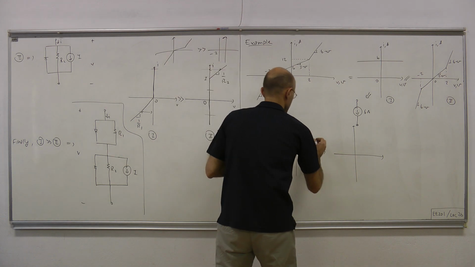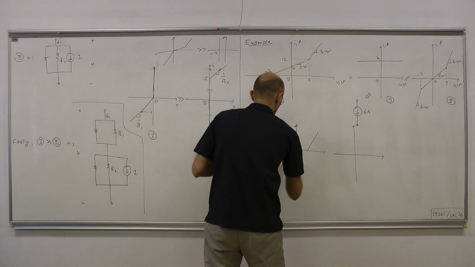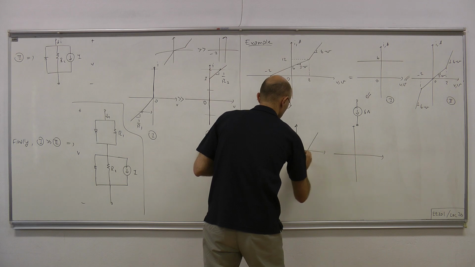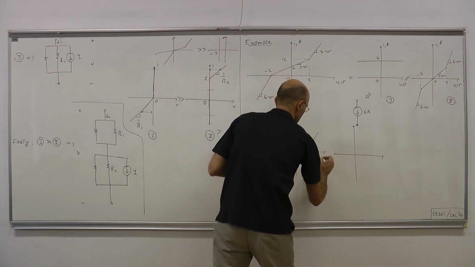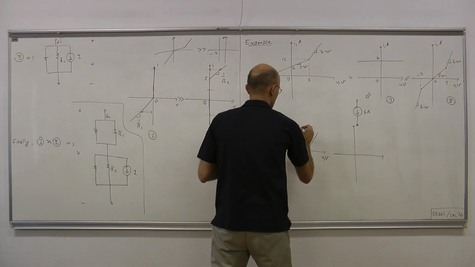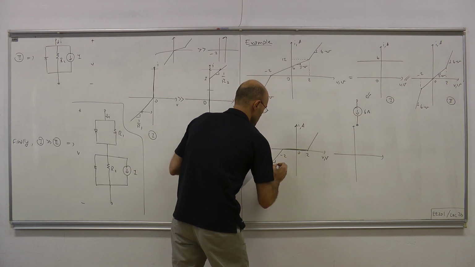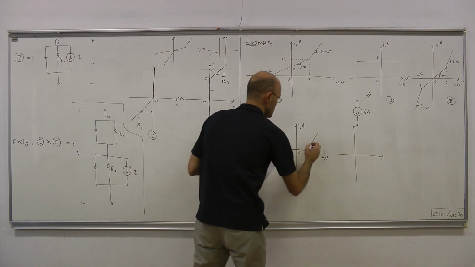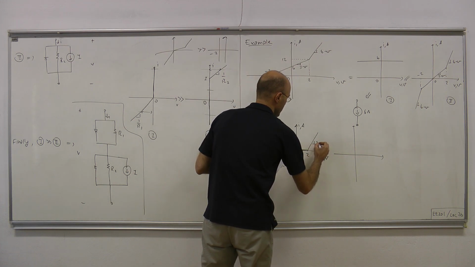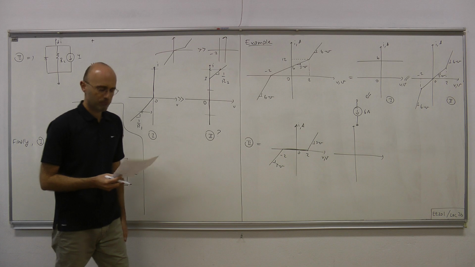We have, and here things are flat, the volt I x 0 minus 2, slope is 3 mhos.